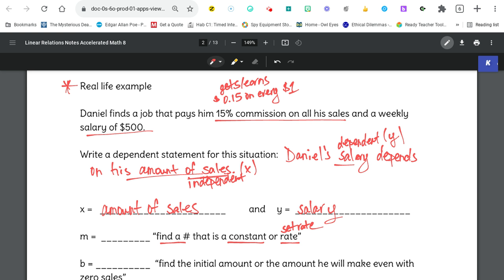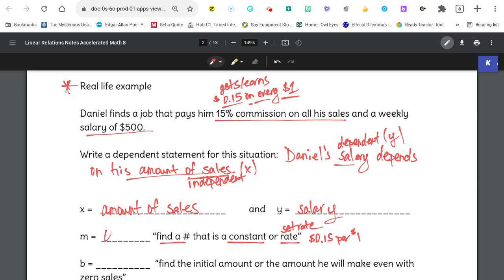So 15 cents is happening for every dollar. Your rate is 15 cents per $1. That's a rate, guys. So the 15 cents is your rate. That's your set rate. That's what he's going to get paid for every dollar worth of merchandise he sells.